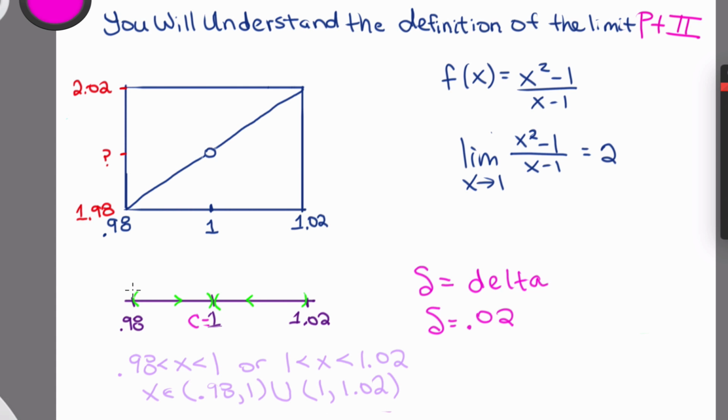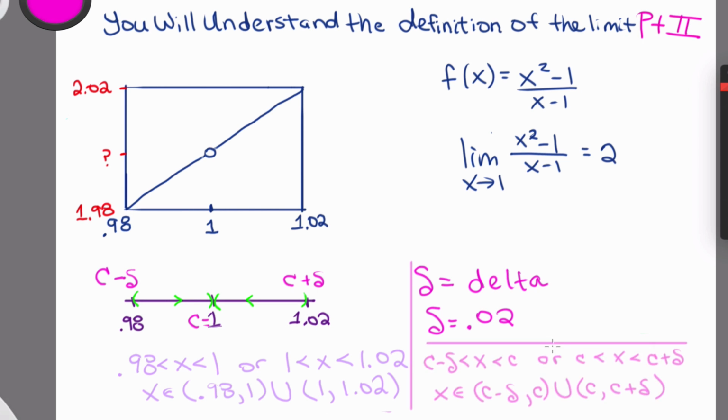Therefore, we would say that this initial point on our open interval will be c, which is 1, minus 0.02, which is delta. And the same way, we find that the end of our open interval will be c plus delta, because if you add 0.02 to c, which is 1, you'll get 1.02.